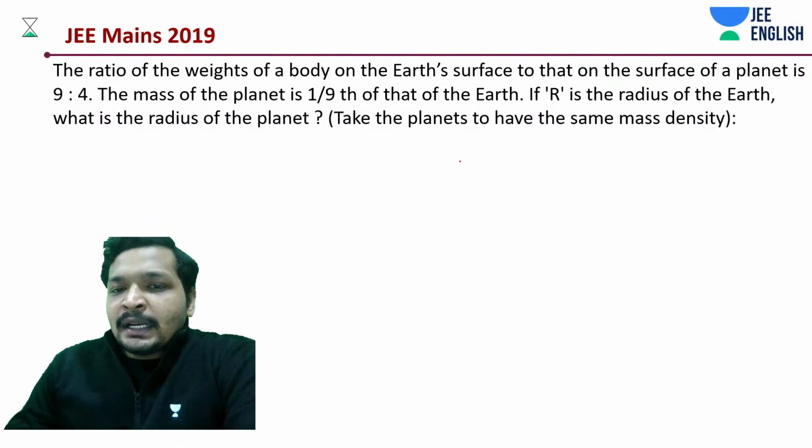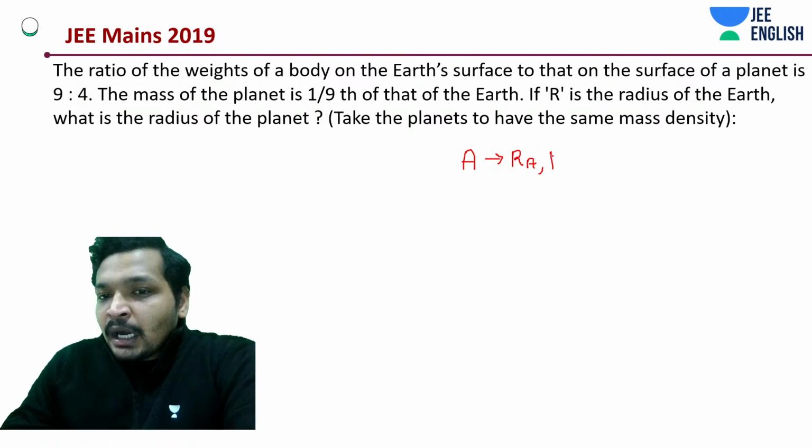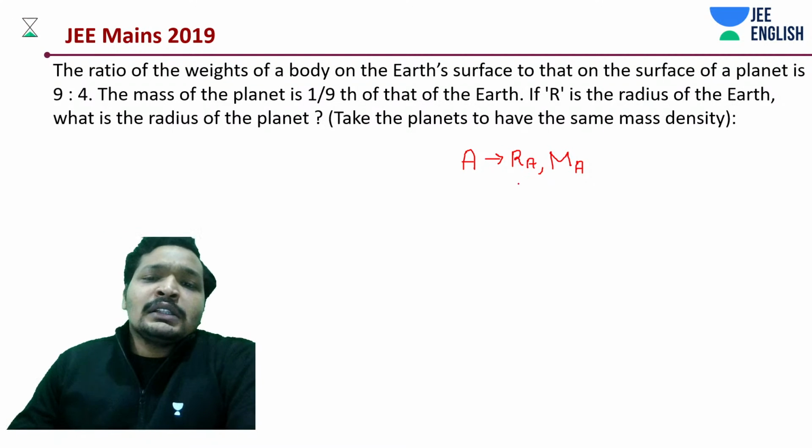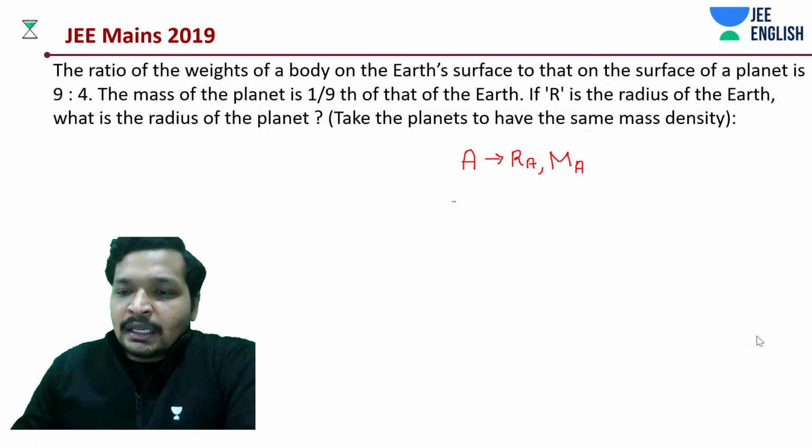So let's take a planet A. On planet A, you have radius RA, and the mass of the planet as MA. I don't think we need anything else. And then let's take our Earth.